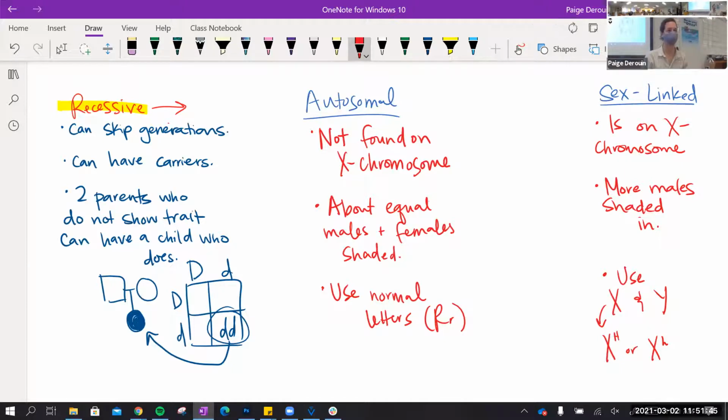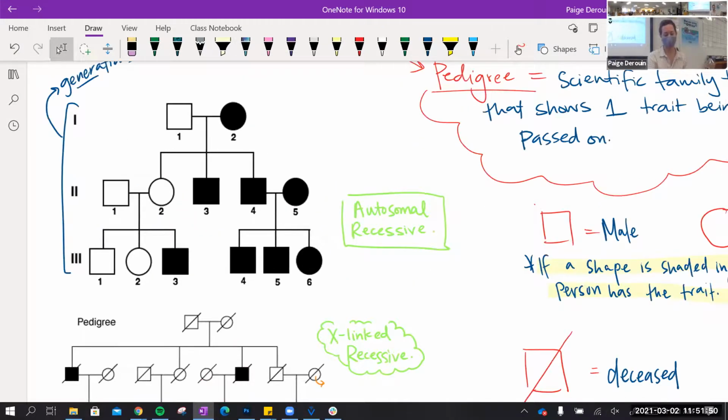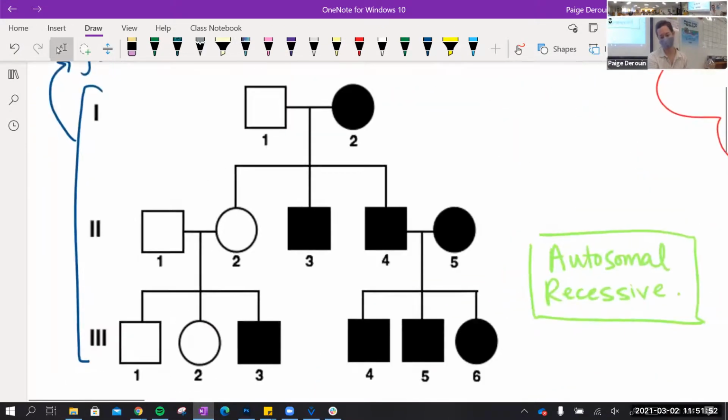Everybody good? Okay. All right, so we're going back over here. We're gonna look at this. For this one, I have told you that it's autosomal recessive.